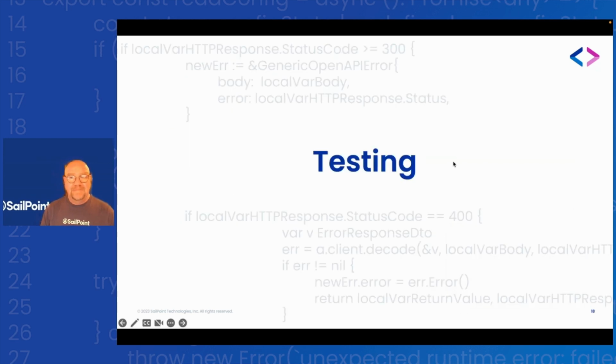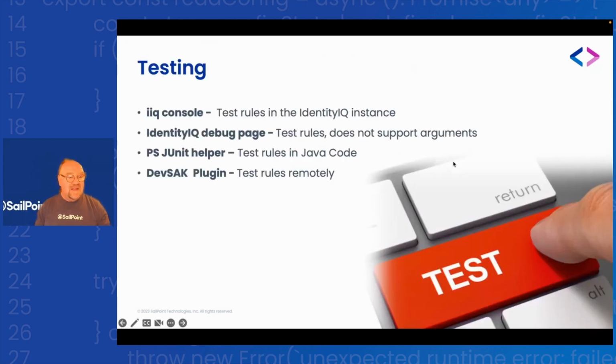Okay. So I'm going to talk a little bit about testing, and I'll show you one of the tools that I use for testing. And there's one here that isn't listed, and I'll talk about that as well. So from a testing point of view, you can use IIQ console.